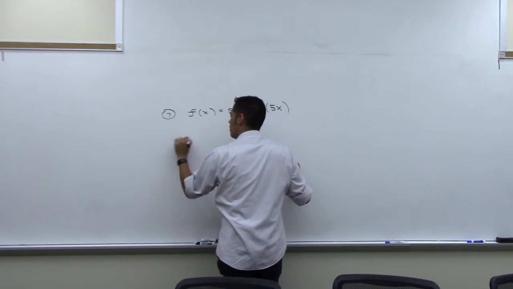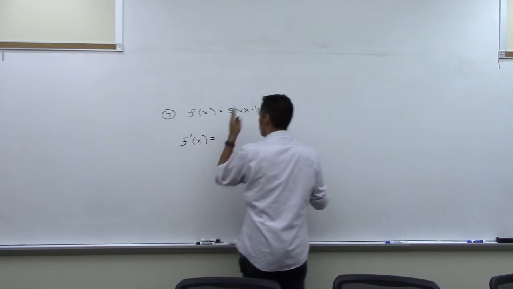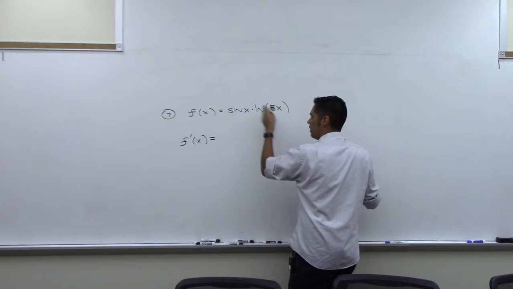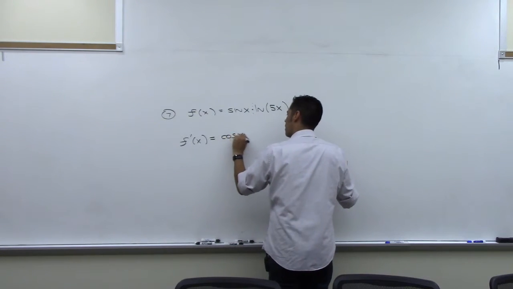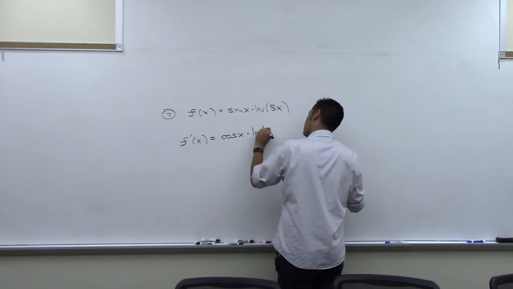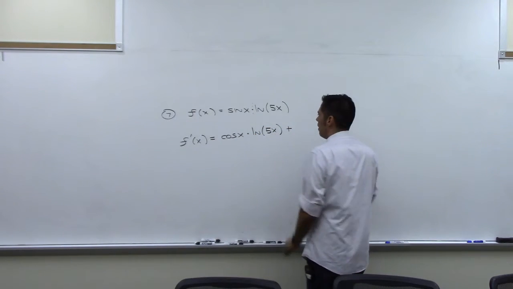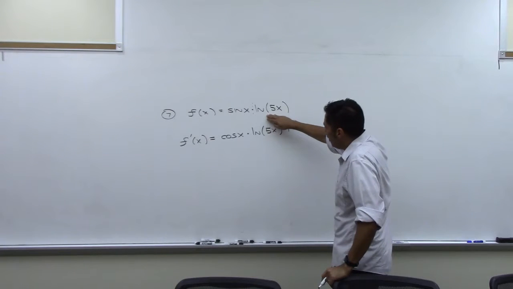The derivative of this will be the derivative of this times this plus the derivative of this times this. So the derivative of this first one is just cosine x times the second one plus, now the derivative of this one. This is chain rule.